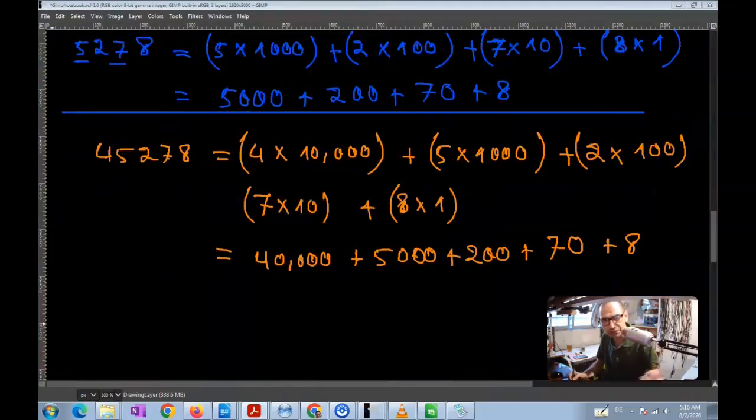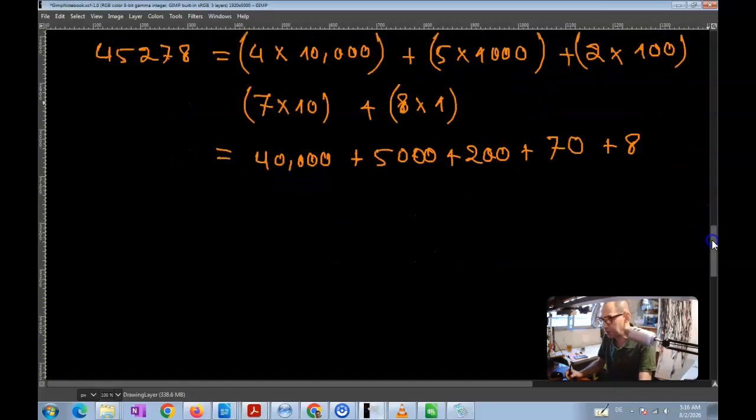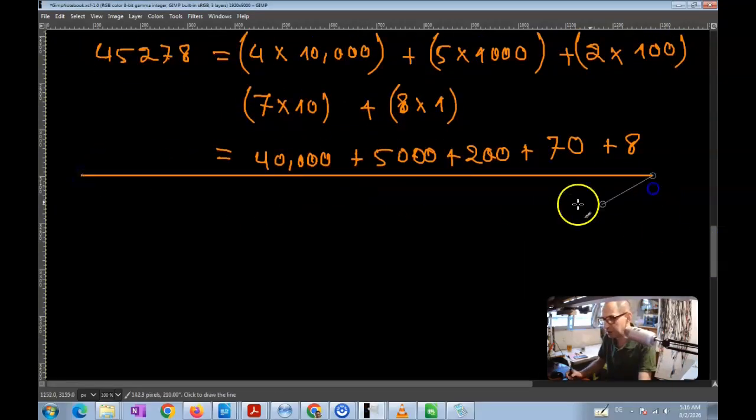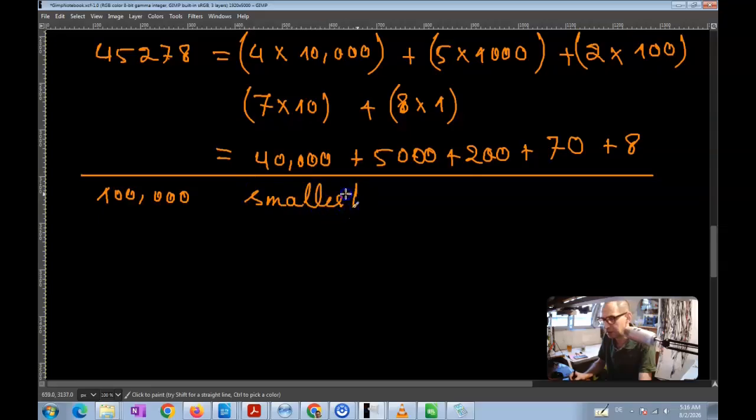So now what is 100,000? 100,000 is nothing but the smallest 6-digit number, right?